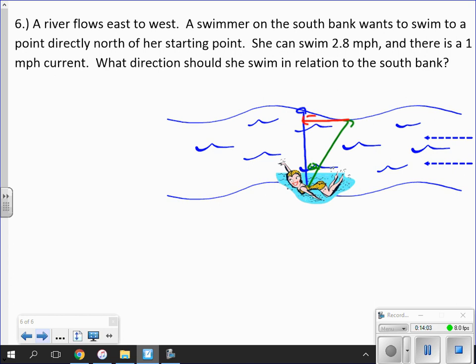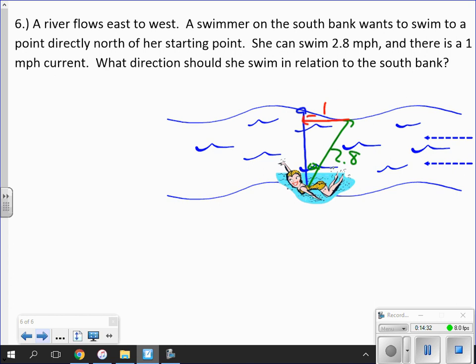Okay, so here's what we need to do. We need to figure out what our angle is. That's all we need to do. We don't need to figure out anything else. What angle should she be at? So we just need to set this up. This is a 1 mile per hour force here, and she can swim at 2.8 miles per hour.